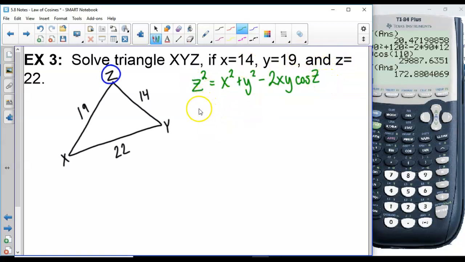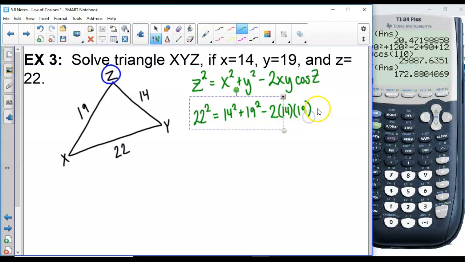So we'll have z squared, so we'll have 22 squared equals 14 squared plus 19 squared minus 2 times 14 times 19 cosine of z.